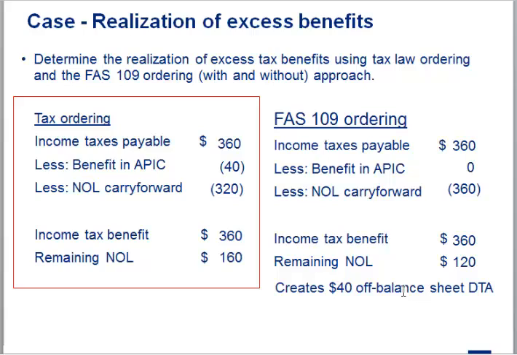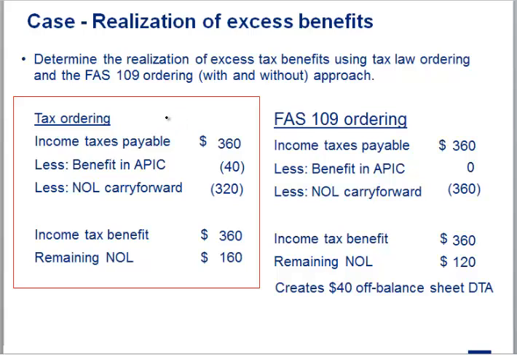Okay. So let's figure out how we would realize our excess benefits. Okay. So now we're going to show it both ways. I'm going to show it using tax law ordering and provision ordering. Okay? So if I was doing tax law ordering, remember I said that I was profitable.